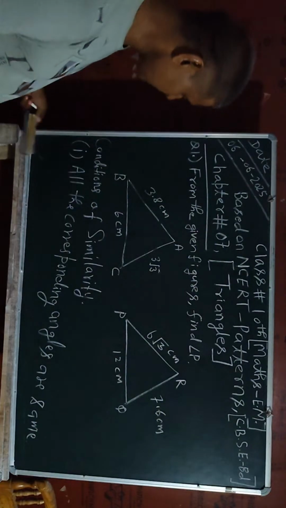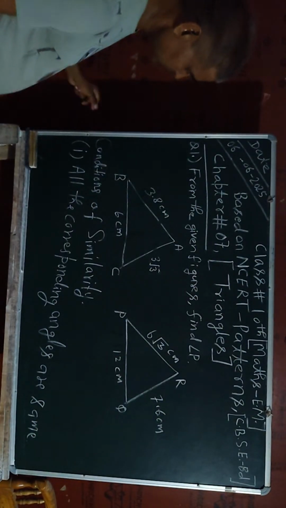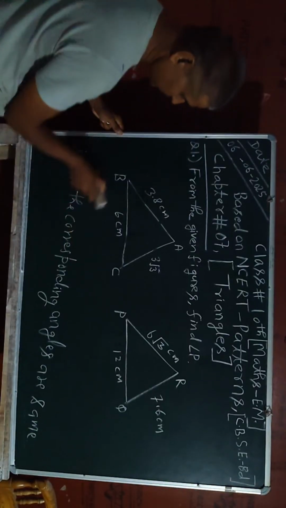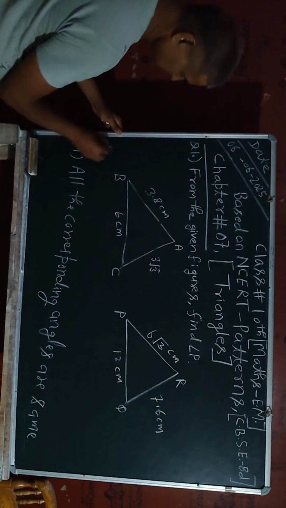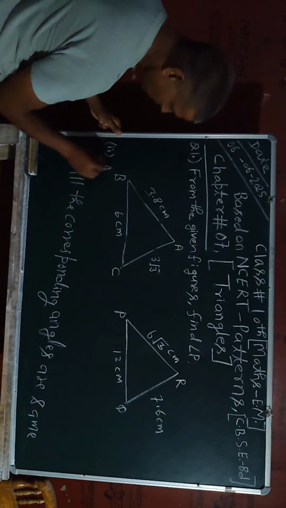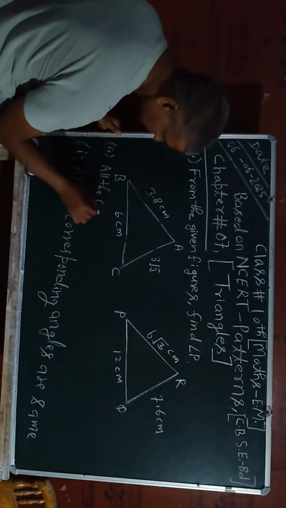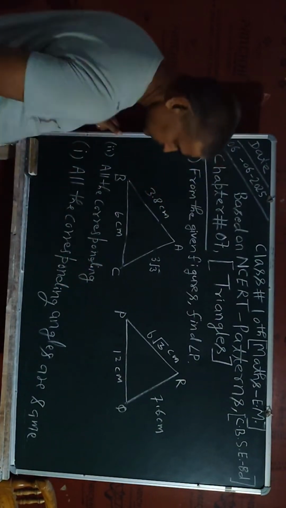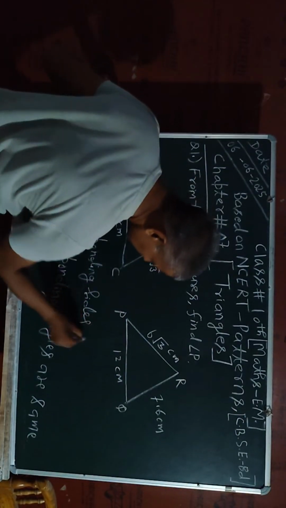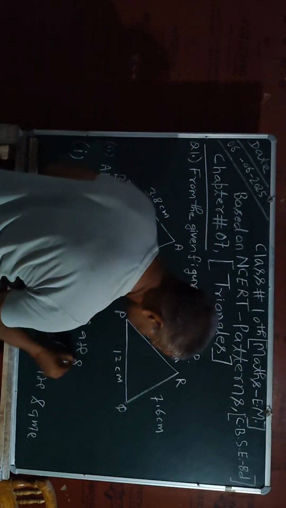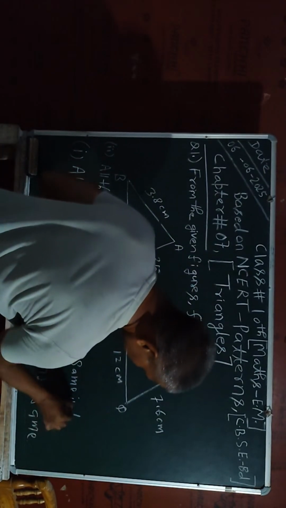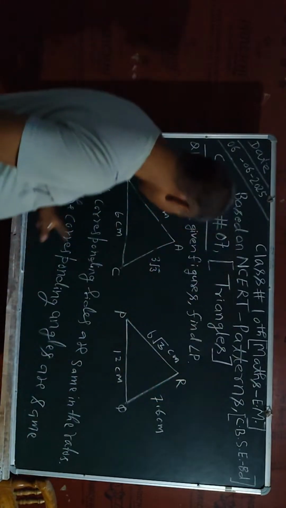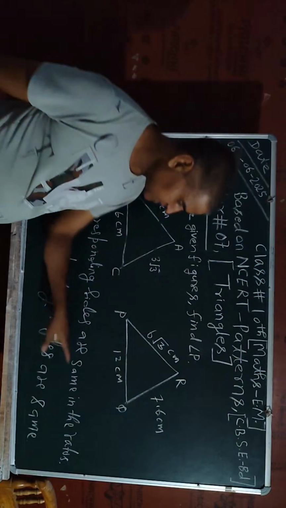Now the second condition I am also going to write. Here I will write the second condition for similarity of the triangles, because there is no space: all the corresponding sides are in the same ratio.